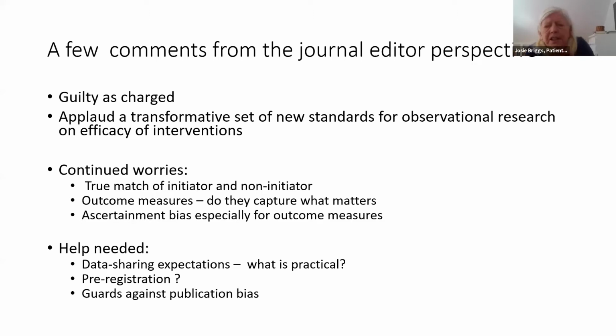Another thing that was discussed extensively yesterday is the outcome measures. The limitation of outcome measures in heart failure was discussed quite thoughtfully. Ascertainment bias, particularly with electronic health record data, but also claims data, can be an important source of bias or skewing of results. And I think that's something that requires continued attention.